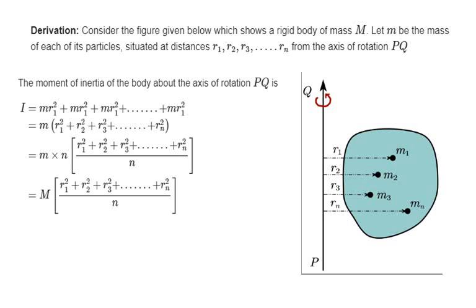Multiply by n and divide by n in the bracket, and m is the mass of one particle and n is the total number of the particles. So m into n will give you the total mass of the body, and that is denoted by capital M. So I equals capital M into r1 square plus r2 square plus r3 square plus rn square divided by n.